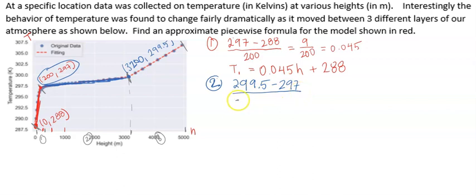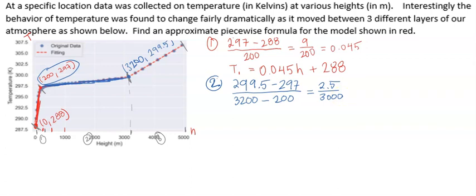And then 3,200 goes with 299.5. And then we're subtracting off 200. Okay, so our y value has gone up by 2.5, and our x value has gone up by 3,000. So even smaller slope, which makes sense. This is a really flat looking piece of this graph.